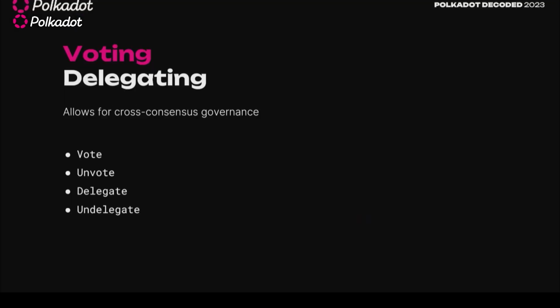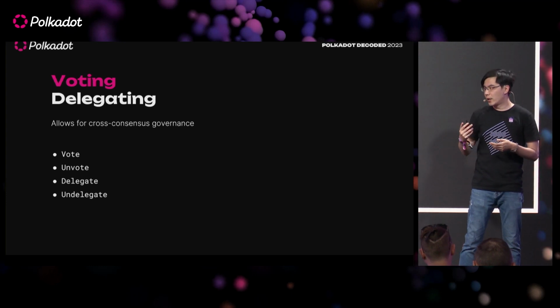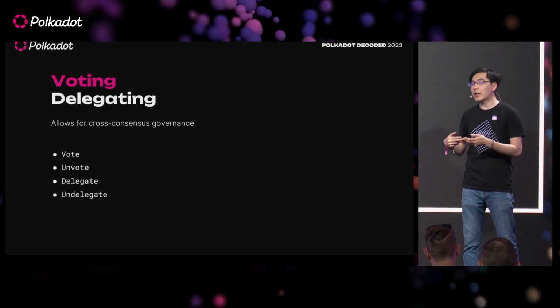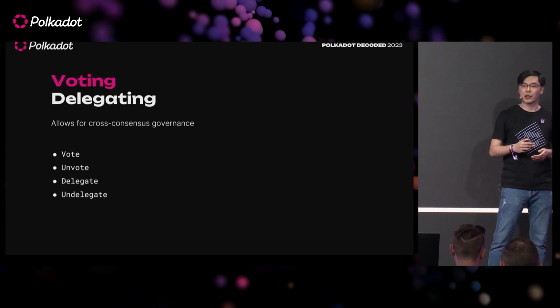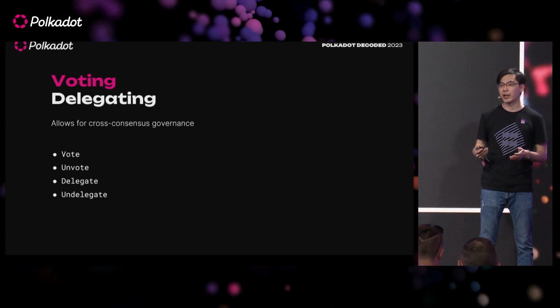Next one, voting, governance, delegating votes as well. Currently, there is no way of using XCM to generically vote or delegate on another chain. And this is basically a set of governance features that we think are pretty primitive and common across all uses of governance.